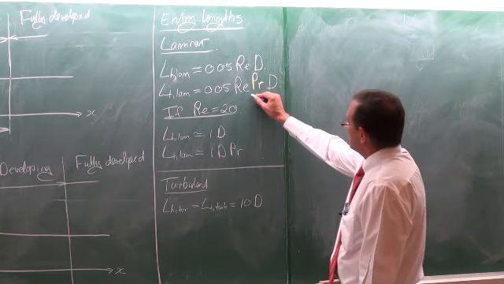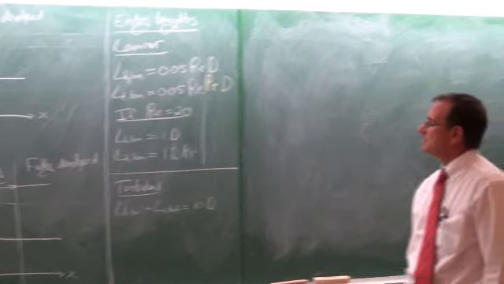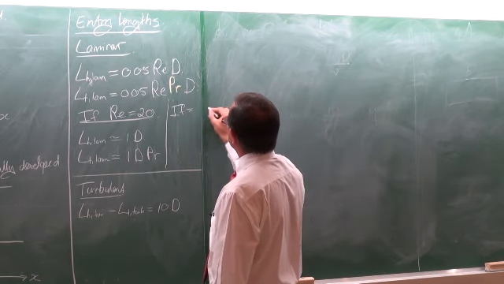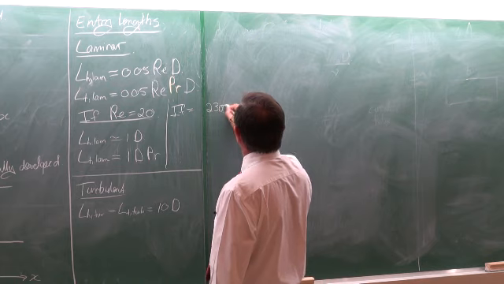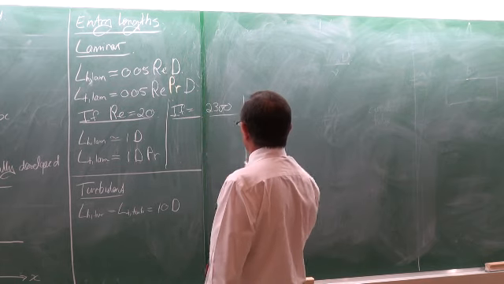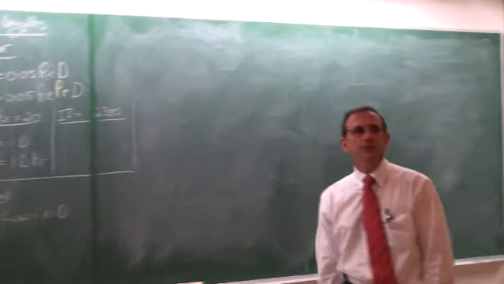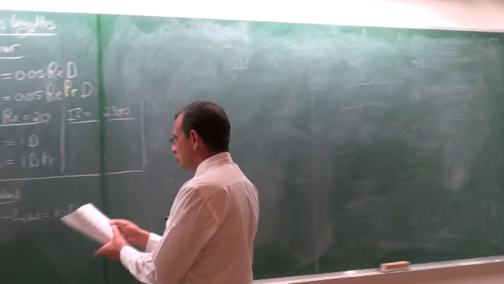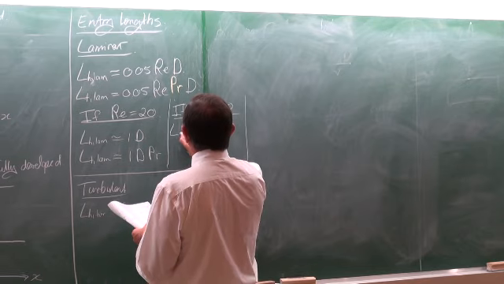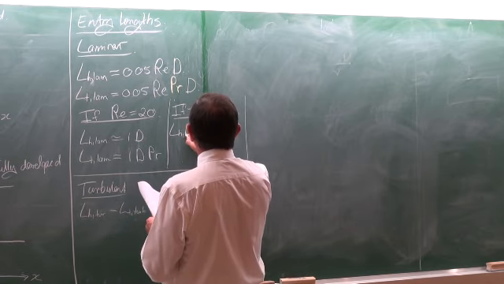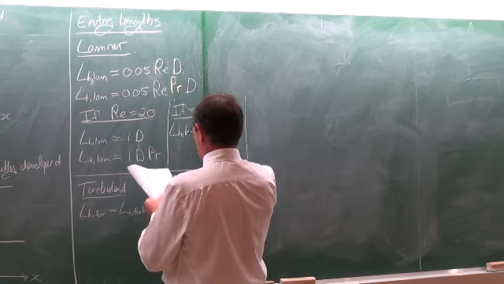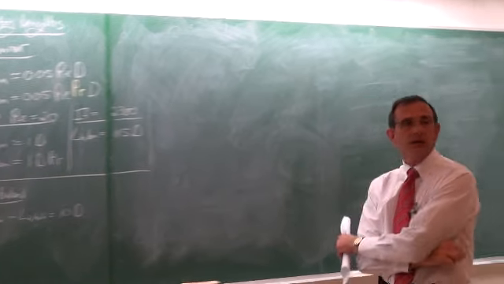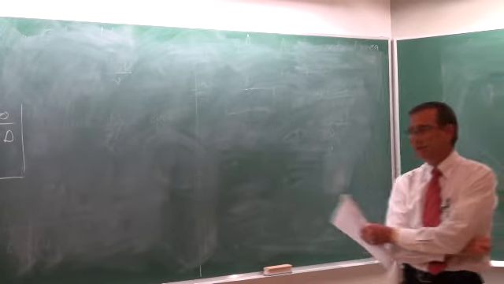Okay. Let's go back to this case. If the Reynolds number is 2,300, that would now be the other extreme. If it's 2,300, then that distance would be 115 diameters. 115 diameters.